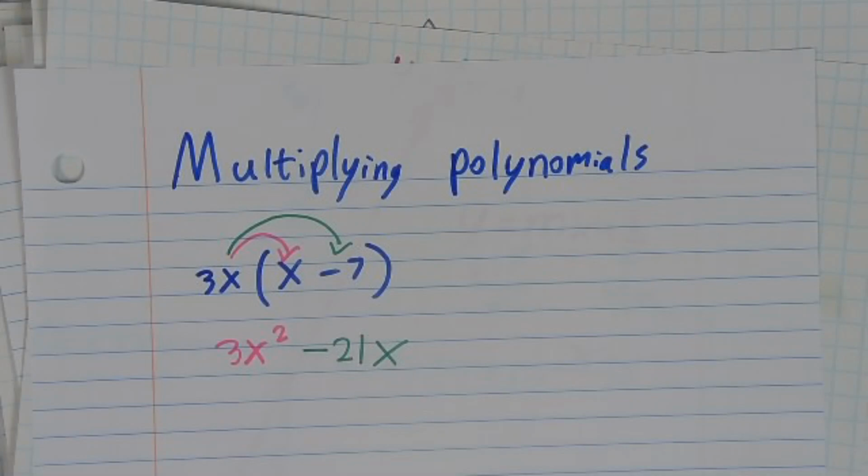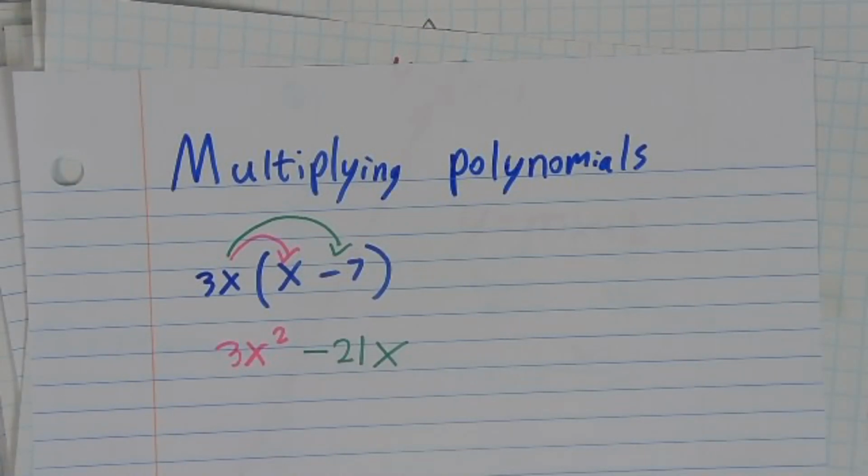I might also want to use an area model. One way to think of multiplication is to think about how if I have a rectangle, the side lengths of that rectangle multiply together to make the area of that rectangle.